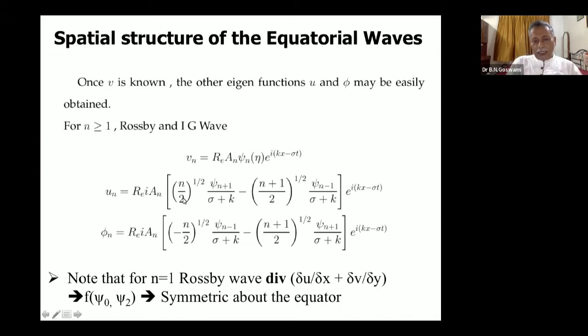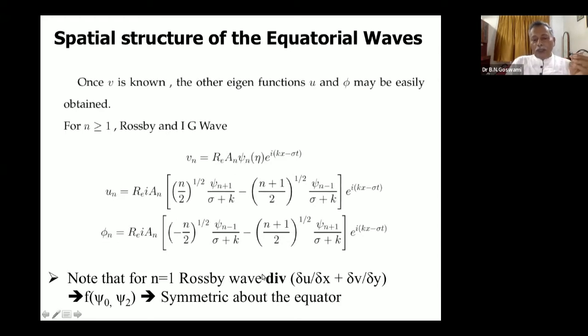Just recall that for n equal to 1, for example, the V for the meridional winds is proportional to psi 1. That means it is antisymmetric about the equator. But U and phi will be symmetric. They are n equal to 2 and n equal to 0. So for the n equal to 1 Rossby wave, V is antisymmetric and U and phi are symmetric.